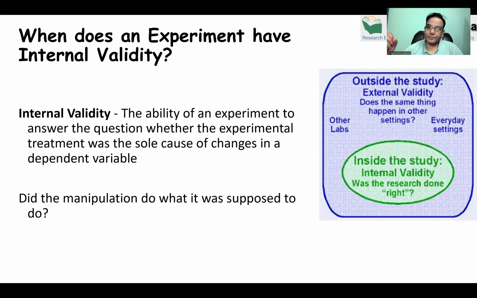The outcome of the experiment, how much does it depend upon the experiment? How much outcome depends upon the experiment? This is called internal validity. Suppose you are giving medicine to the patient, how much their improvement depends upon the medicine is known as internal validity. Now, internal validity is disturbed by the extraneous variables.